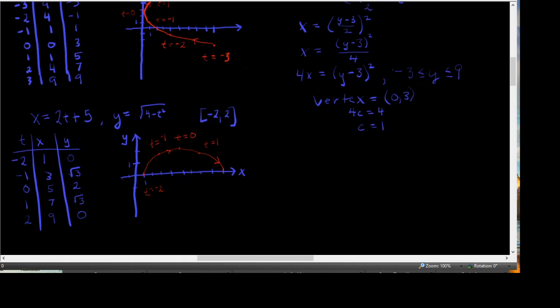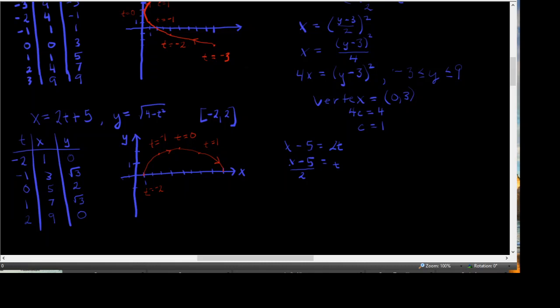So let's eliminate the parameter for this one. I think the x equation is easier to solve for t. So that's going to be my choice. I'm going to subtract 5 from both sides and divide by 2. So I get (x minus 5) over 2 equals t.